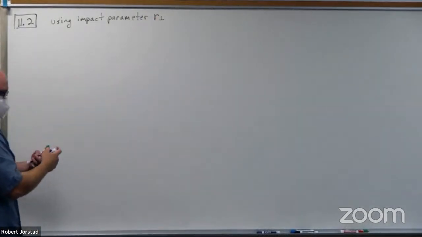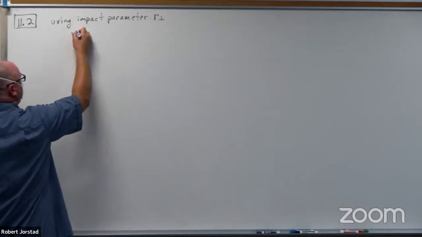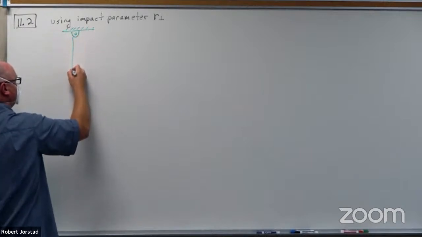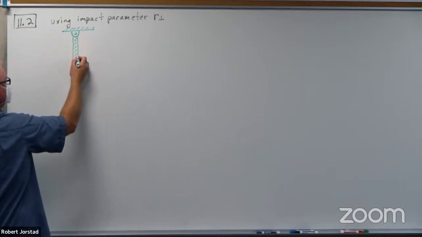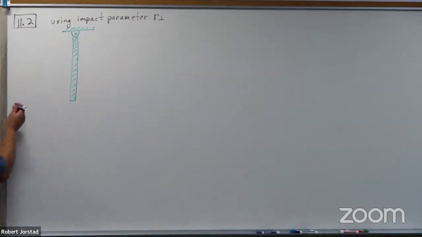So imagine we have a rod here and a pivot point, and there's a ceiling. We're going to take a point mass here and throw it at it.